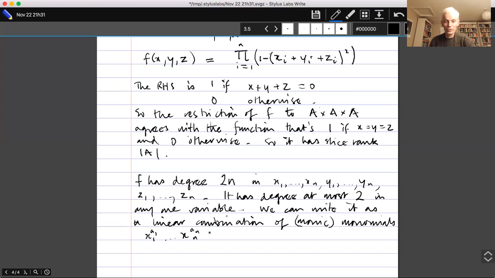I'll write it out once: y1 to the b1, up to yn to the bn, z1 to the c1, up to zn to the cn.